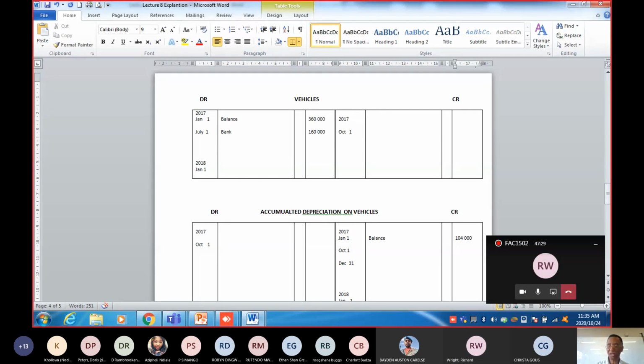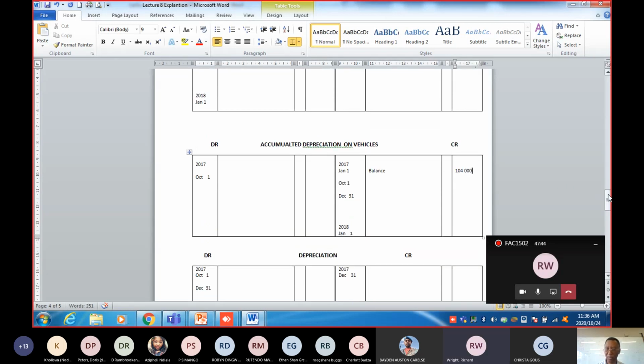Now, if the question asks you to just do the ledger accounts, you still go through the entire steps of asset realization. Step number 1, provide for the additional depreciation.